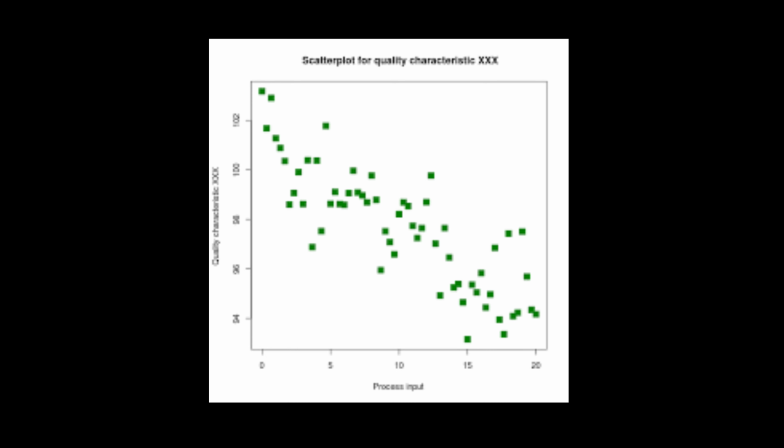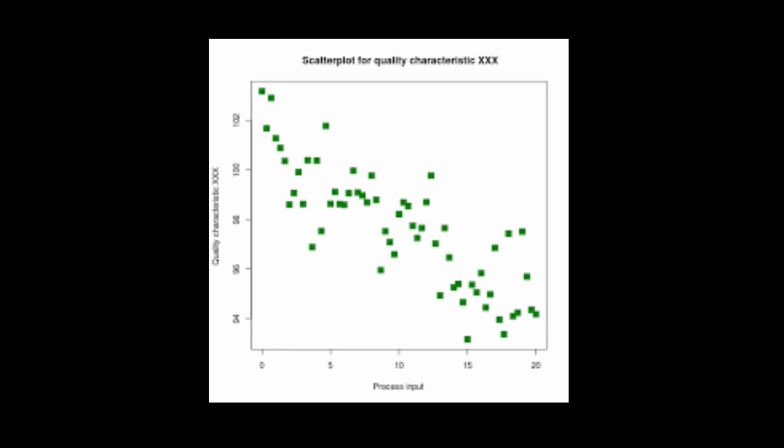Scatter plot. Scatter plot is generally used in a correlation. It's a relationship between two variables. So this one is process input and quality characteristics. You'll see that the dots are all placed in there. Those are all data points that are placed in based on whatever the data is on.